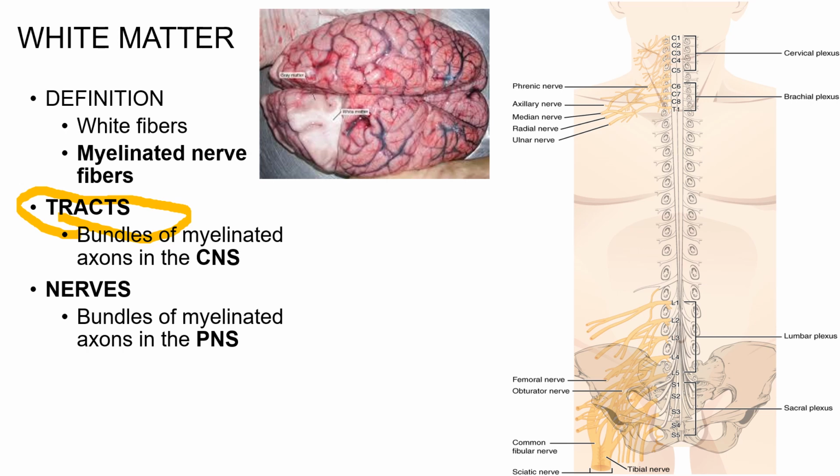Commissure means connecting left to right, right to left. And a tract is just a whole bunch of white matter. So these are the axons, because the axons are what's white matter. That's what's myelinated, right? So in this picture with the brain on top, that white stuff, you can say white matter, but more specifically, they're known as tracts.